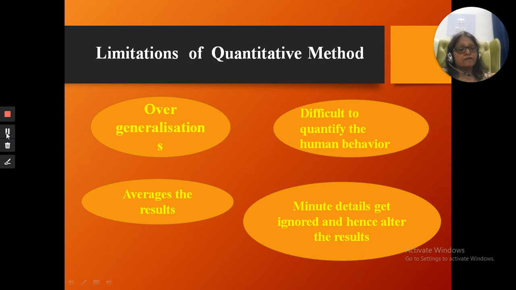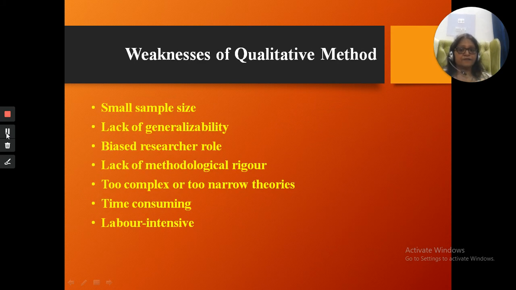It never happens like that in human behavior. So what happens? The results get averaged. We get the average results, and when we generalize the results on the population, the average results are being generalized. So this is the biggest limitation of quantitative method.